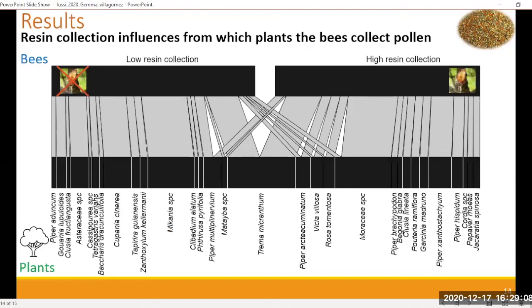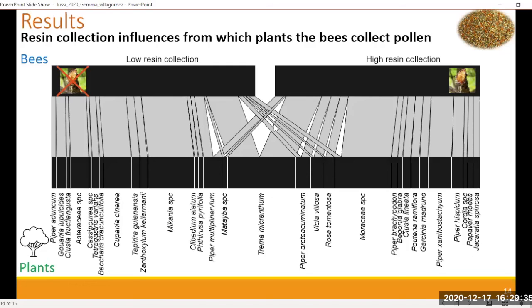And our last, but also I think one of our main results, is that when we build an interaction network of the bees and the plants, from the collected pollen, I do the barcoding, then I pool all the low resin collectors and the high resin collectors, and plot the plants they got the pollen from.